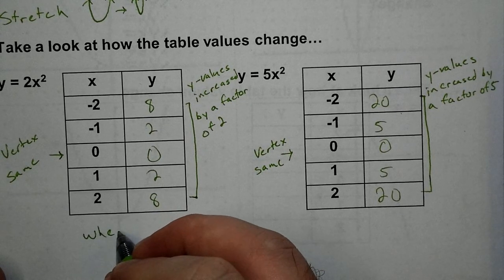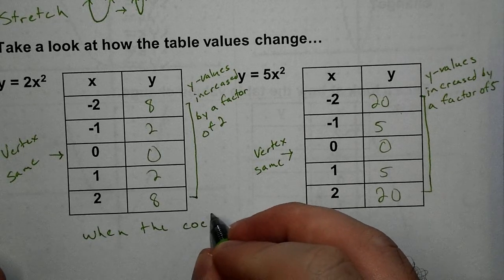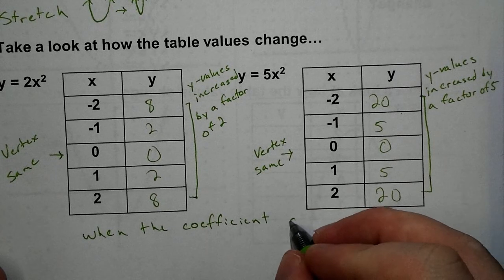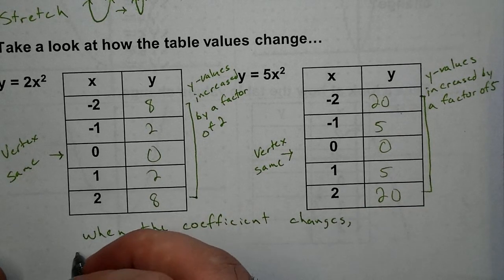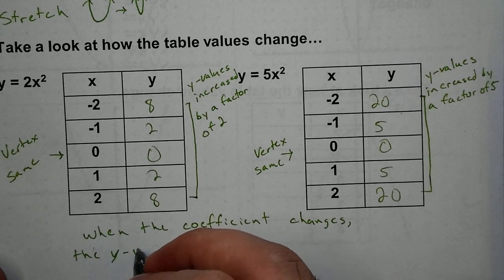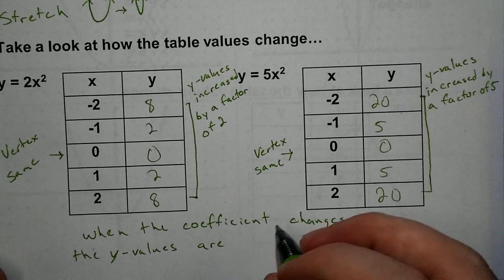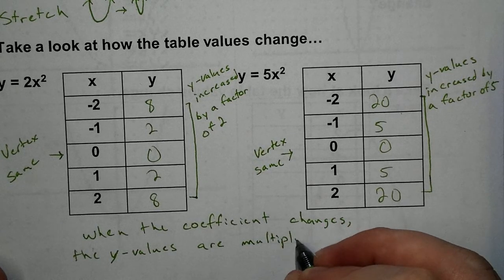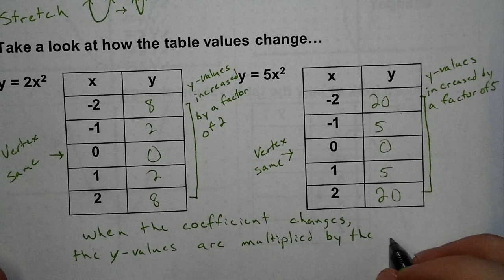When the coefficient changes, comma, the y values are multiplied by the coefficient.